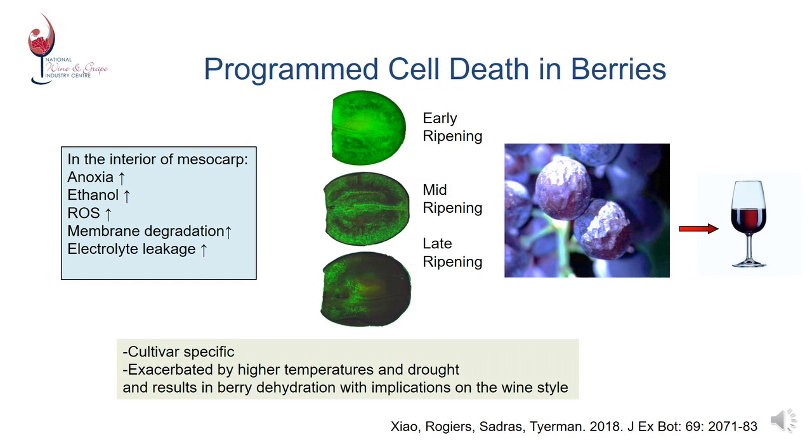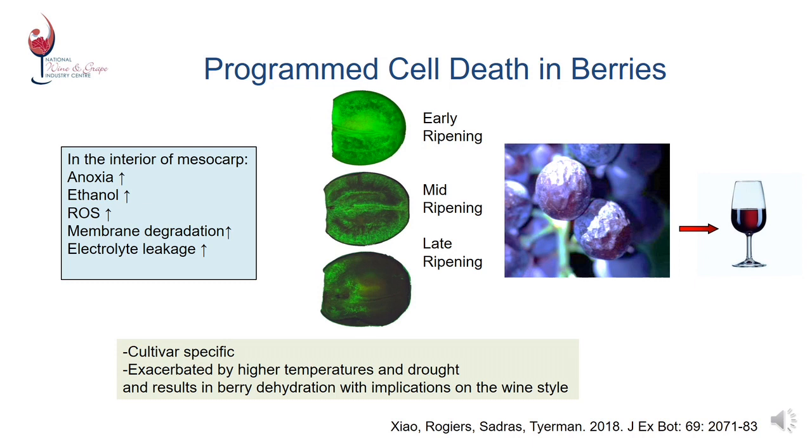Interesting studies conducted in Australia, mainly at Adelaide University, did show that there is possible cell death in berries during ripening at the pulp level. Cell death in the pulp is exacerbated by higher temperature and drought.